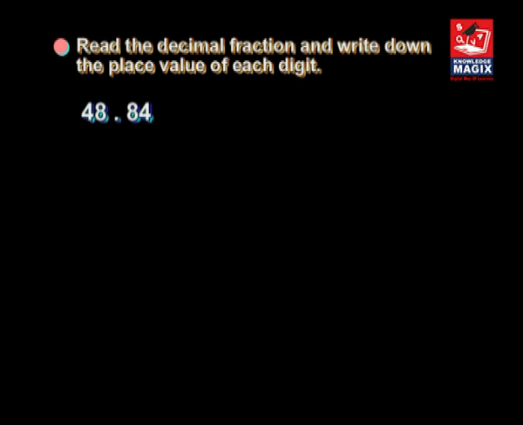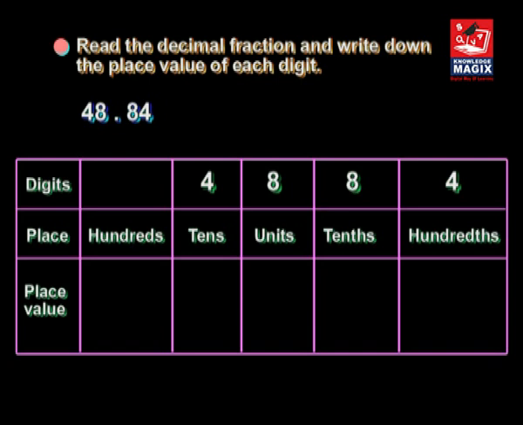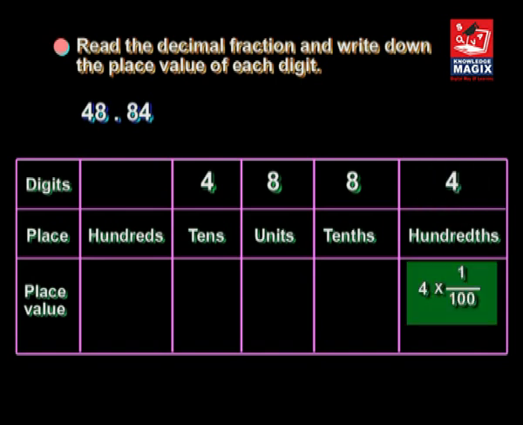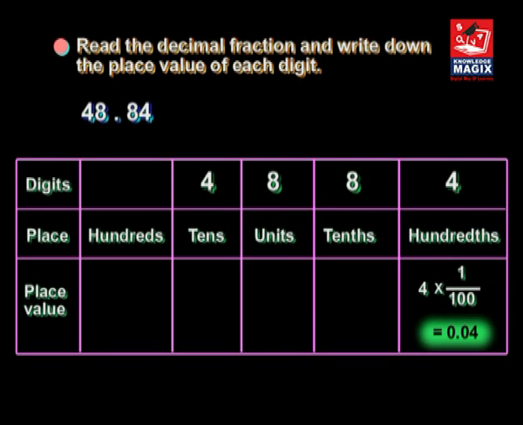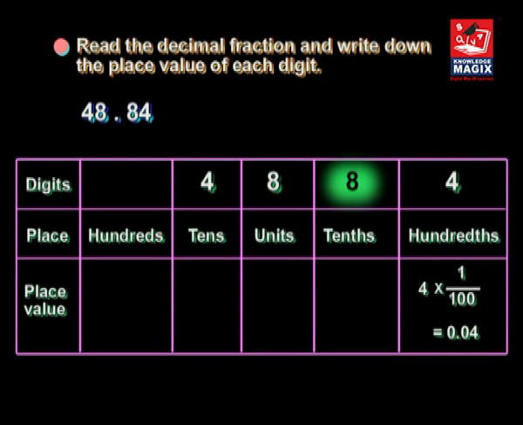Next is 48.84. We'll put the digits in this given chart and start from hundredths. The digit in the hundredths place is 4. So place value 4 into 1 upon 100 is 0.04. In the tenths place the digit is 8.